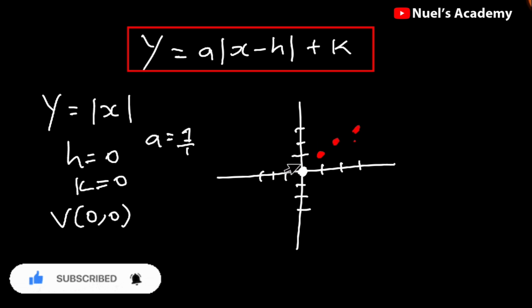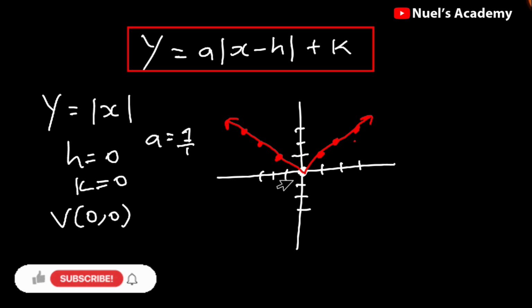We do the same thing on the left-hand side. We move 1 to the left, 1 up, 1 to the left, 1 up. And then let's connect the dots. Okay, so it's just a sketch. Now this becomes the graph of the absolute value of x.